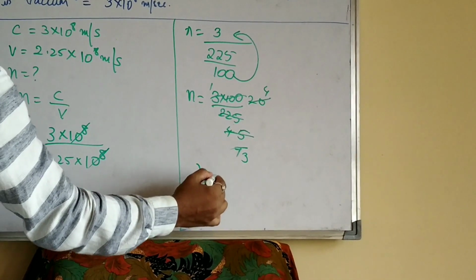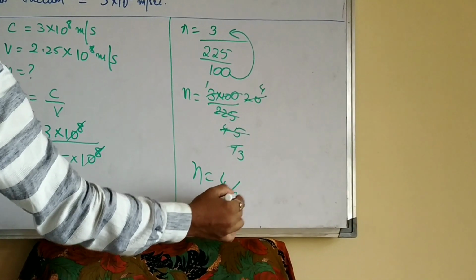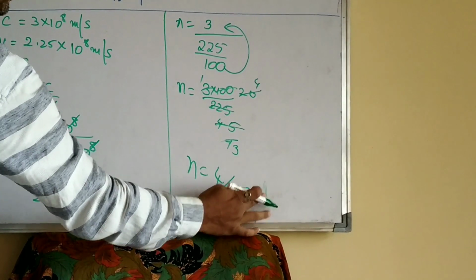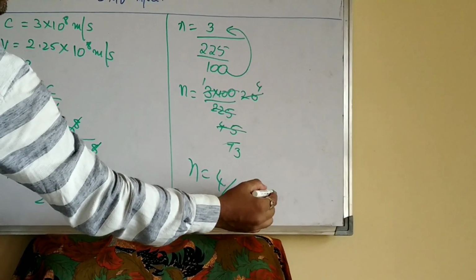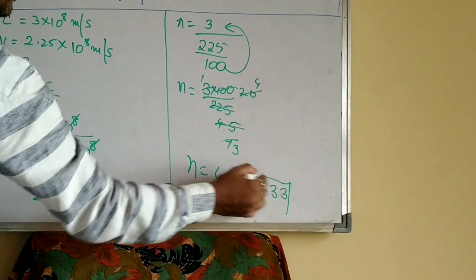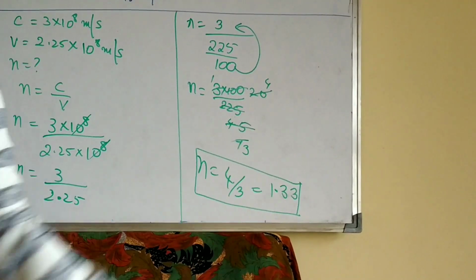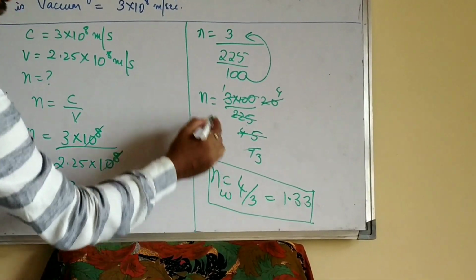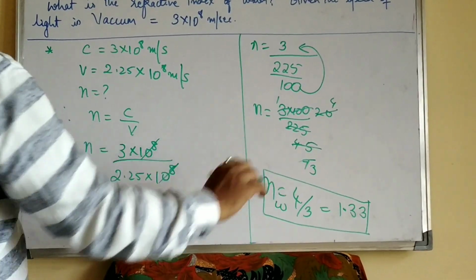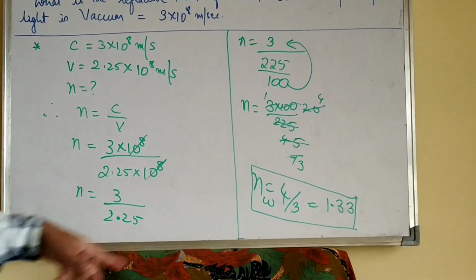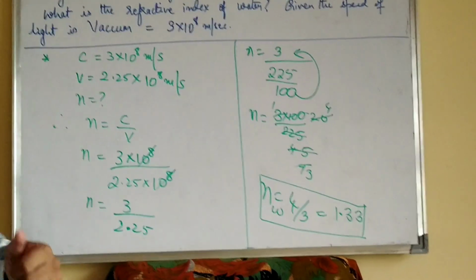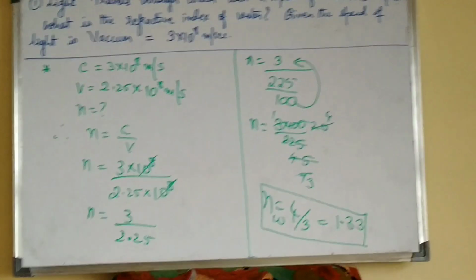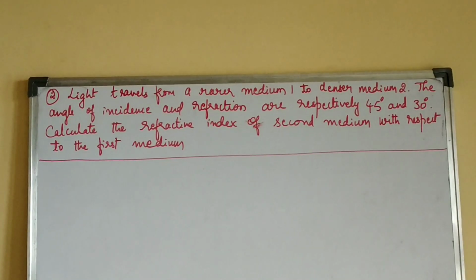So what you get? n is equal to 4 by 3. 4 by 3 means what? 1.33, which is a recurring decimal. So n means what here? Refractive index of water. So the refractive index of water is equal to 4 by 3, which is equal to 1.33. Now we understood the simplification. Okay, thank you.